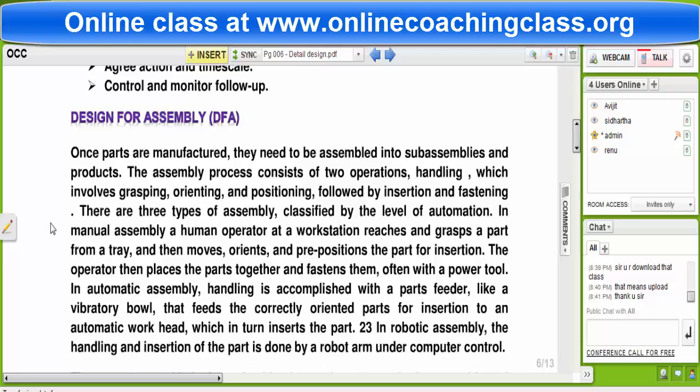You cannot fit it wrongly or mistakenly with another connector. No chance of that, because this connector is made for this point only. In that way, we can easily assemble a product from sub-assembly portions for the betterment of our work. And this type of design is called design for assembly.